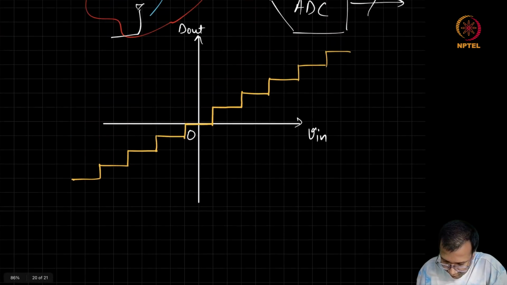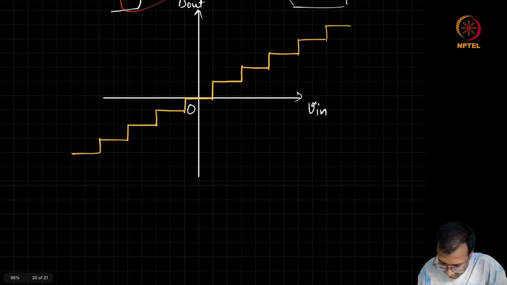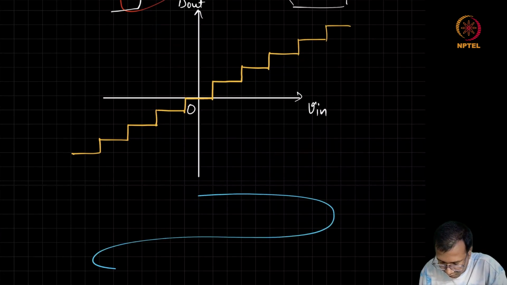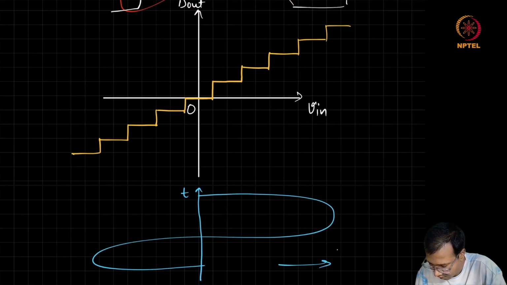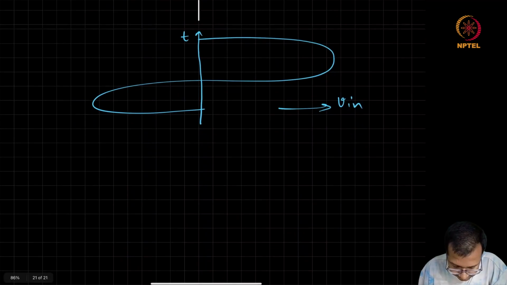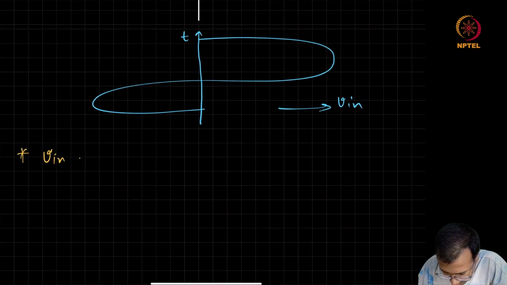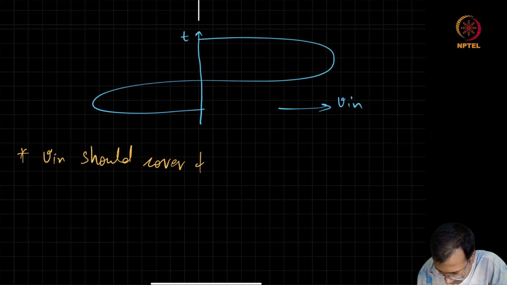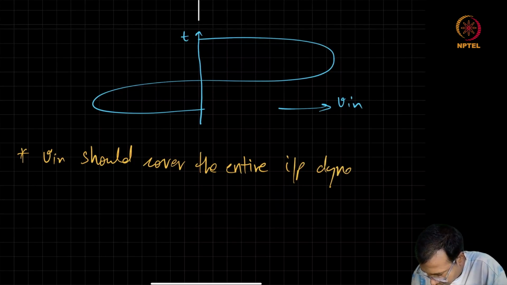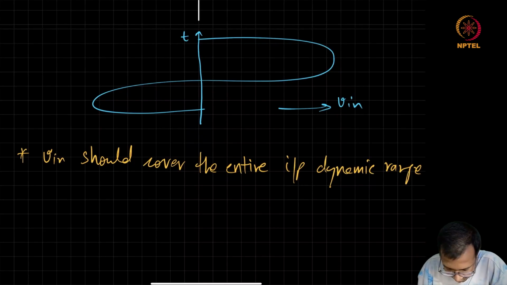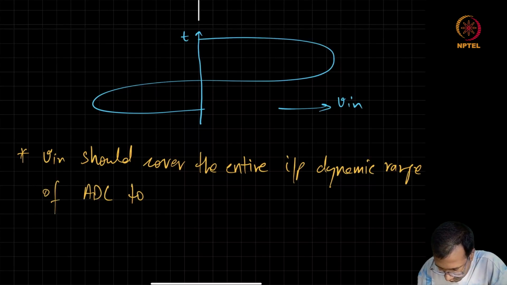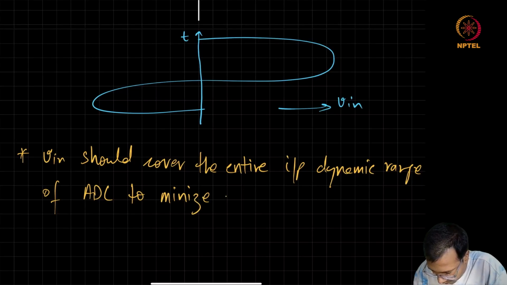So the idea is that, let's say this is the V in, as it is changing with time. V in should cover the entire input dynamic range of the ADC to minimize information loss.